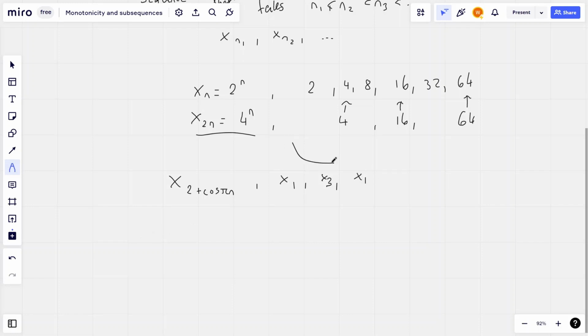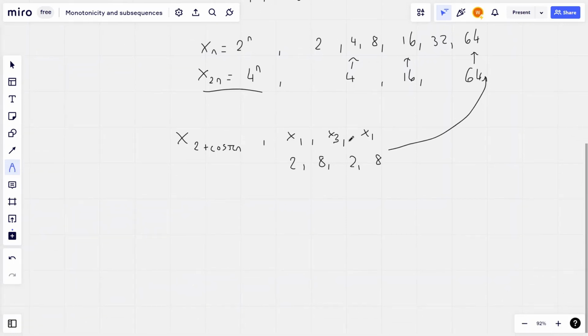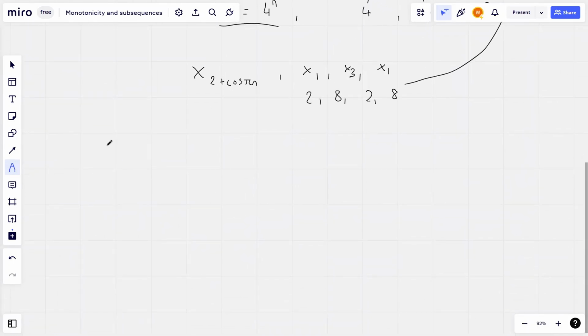So in this case, it would be 2, 8, 2, 8, and even though every term from this is in the sequence, the index is not increasing, therefore it's not a subsequence. Okay, now we're quickly going to prove one theorem.